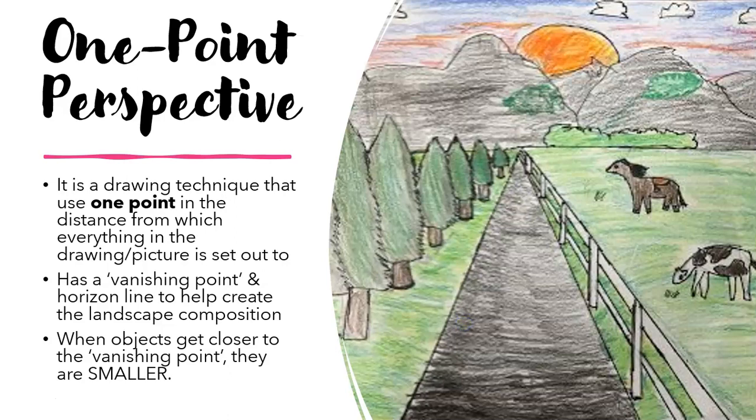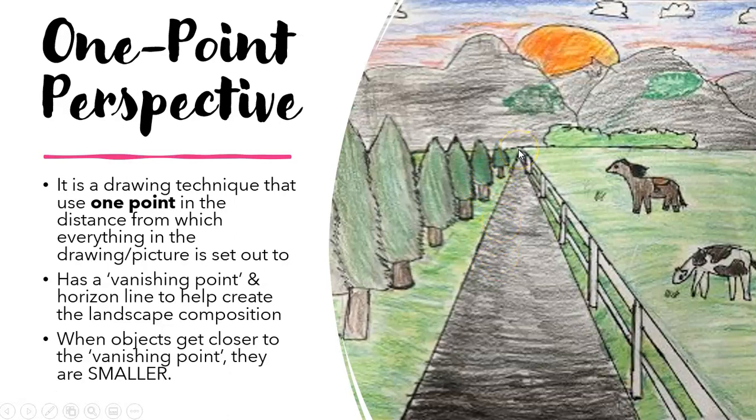And lastly, 1-point perspective is a drawing technique that uses 1 point to which everything in the drawing is set. This example on the right is of a little kid's drawing, but it still makes the 1-point perspective very clear: all of these objects inside the drawing, the fence, the tree line, the road, go back to this 1 point.